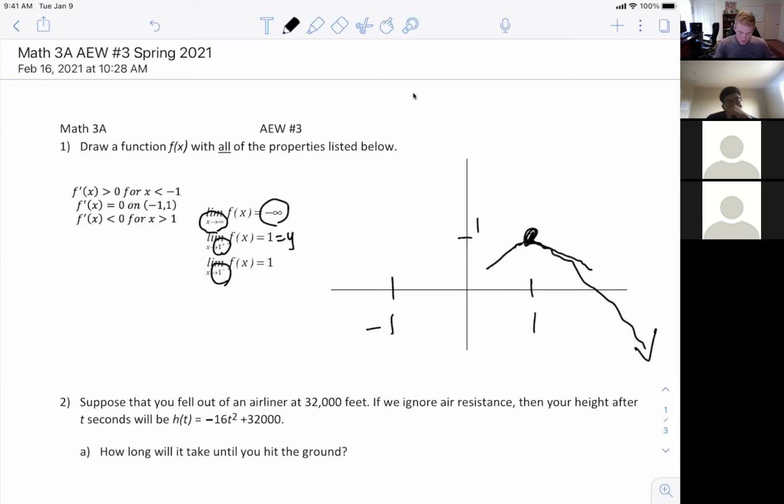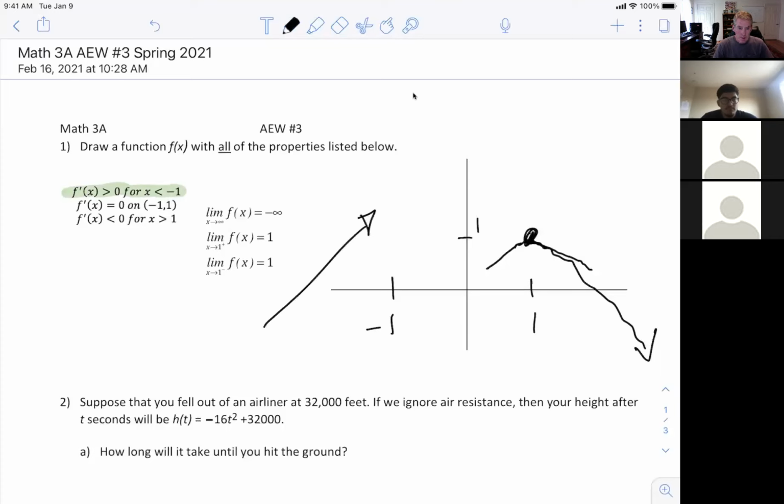And usually what I do is I write this graph in pencil really light, because right now it's starting to look like a mess, but I'll clean it up afterwards. Then for this part, the derivative is positive. So derivative tells you slope of the tangent line, and if the slope is positive, then it's going up.